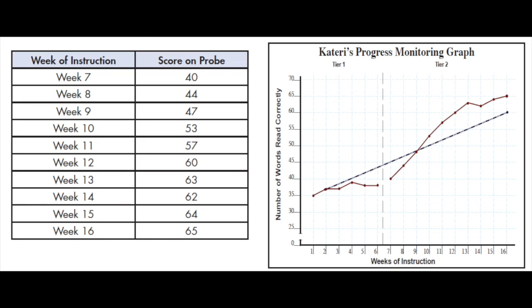So we use progress monitoring tools like DIBELS or STAR Math or a writing curriculum-based measurement in order to see if something's working. After assessing a student's progress over several weeks, we might look at what's called their rate of improvement or their growth rate over time. And we're looking at the rate of improvement to be above what we'd expect of a student that was at benchmark.